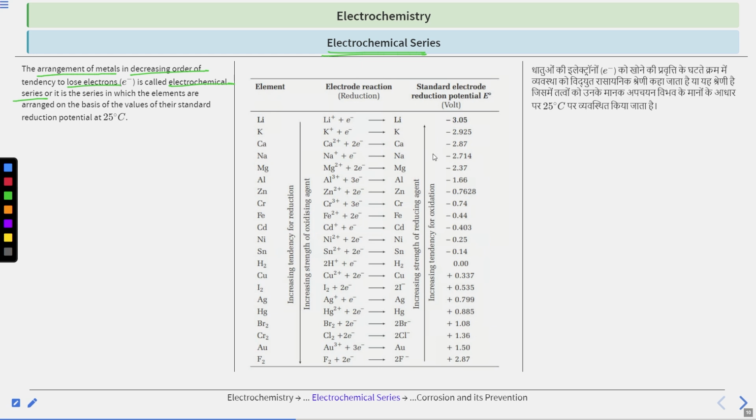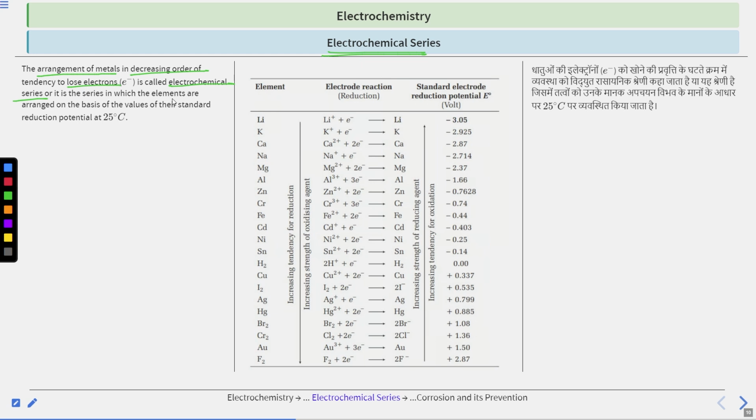If you go from bottom to top, it is the increasing strength of reducing agent. So it shows the decreasing tendency to lose electrons, and the series of the metals is known as electrochemical series. So basically we arrange the metals according to their tendency of losing electrons.